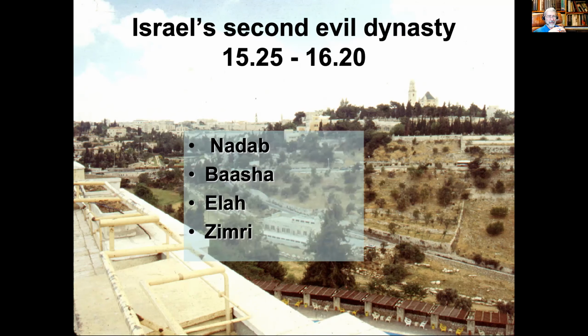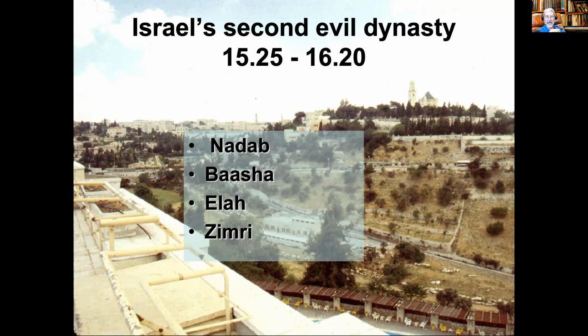Israel, the northern kingdom, is going to have a string of bad kings. They had nothing but bad kings, so we don't need to say, oh, these guys were bad, these guys were good, let's look them up, because they don't matter that much. There are 4 of them in a row: Nadab, Baasha, Elah, and Zimri.